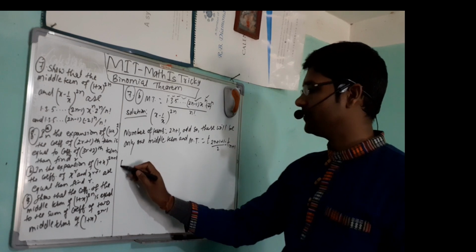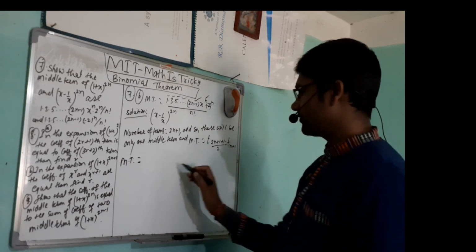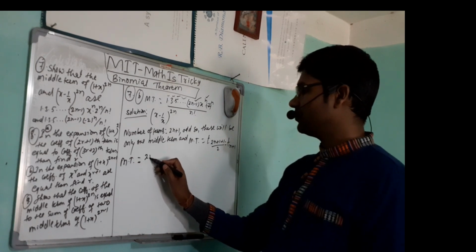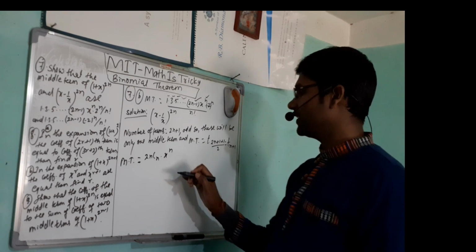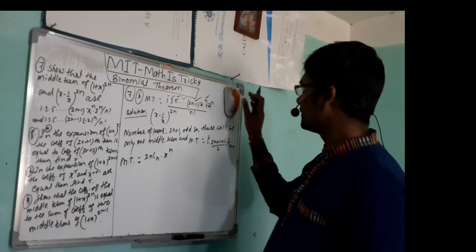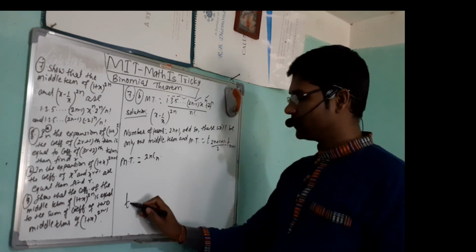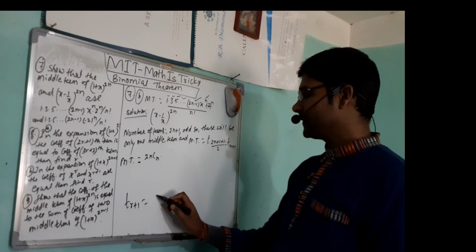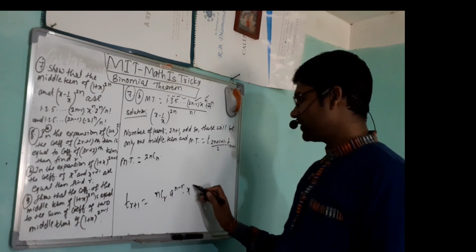So if we expand, by the general term formula we can write the middle term as 2n C n, and for this I'm going to use the nCr formula: T r plus 1 equals nCr a power n minus r, b power r.